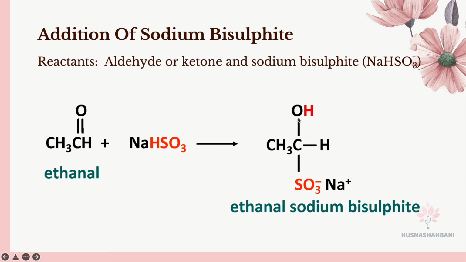Okay, this bond must be bonded to O, not H, not in the middle. C bonded with OH. And then one more new bond will form, C single bond SO3 minus Na plus. Okay, this is ionic bond. SO3 minus Na plus.